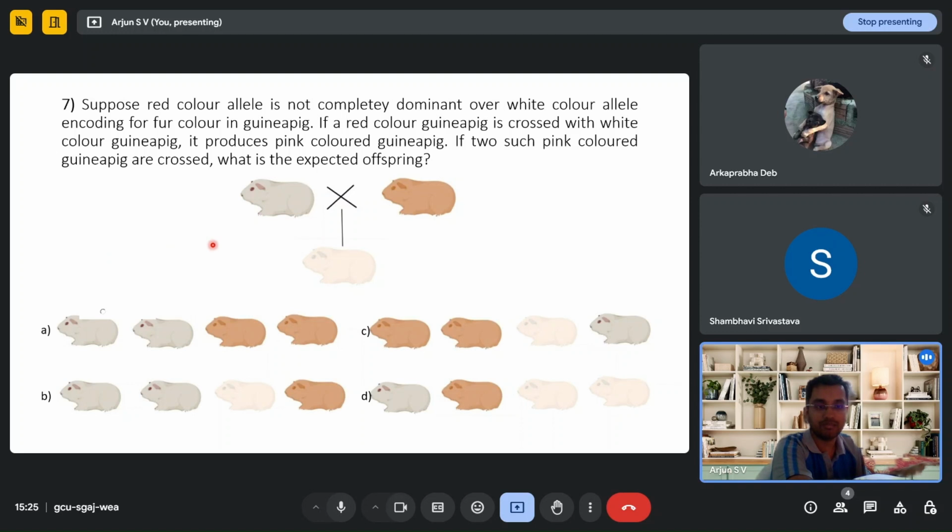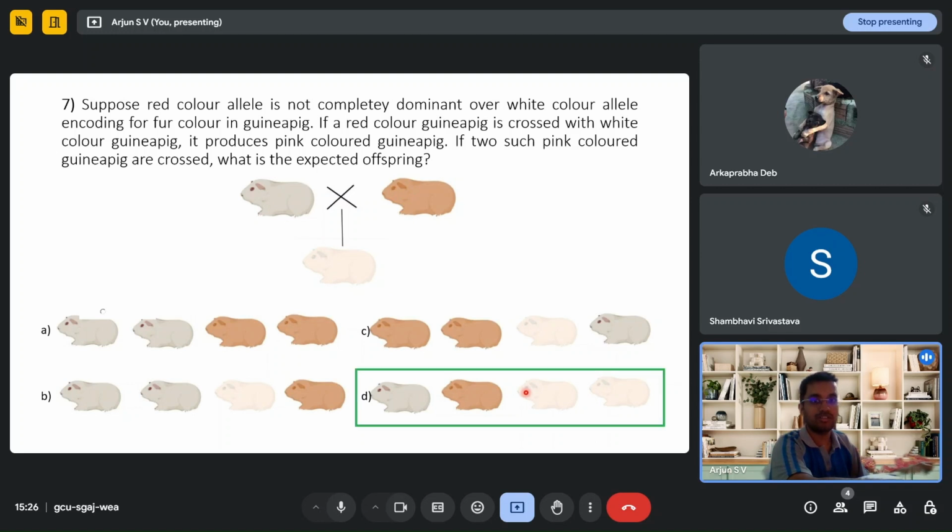So if a pink crosses with a pink, we'll be getting one red, one white, and two pink. So this will be the answer.